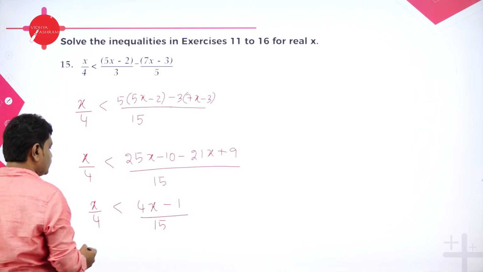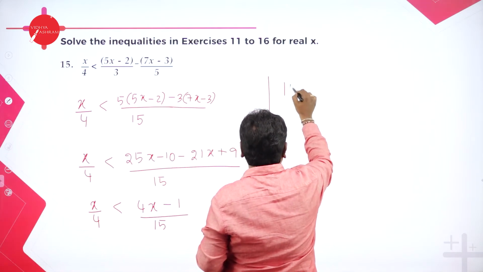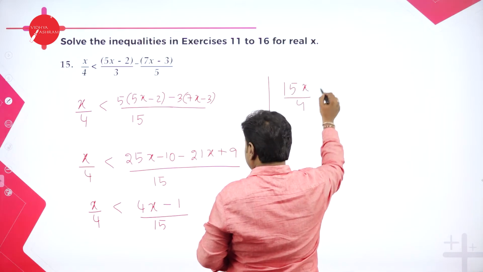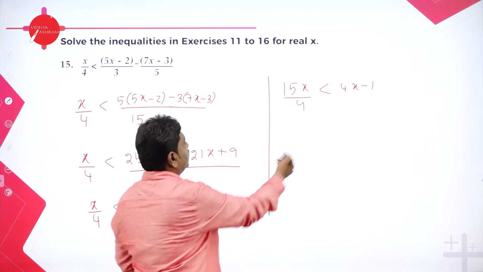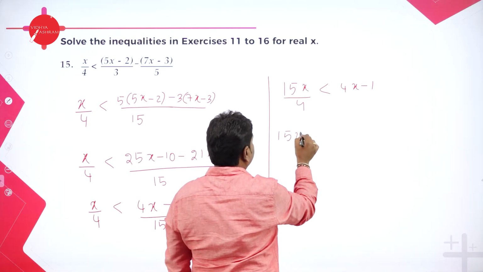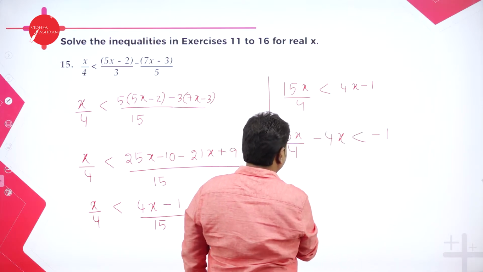So rearrange this. If you rearrange, it will become 15x by 4 less than 4x minus 1. So now bring the x term to this side. So 15x by 4 minus 4x less than minus 1. Take LCM.